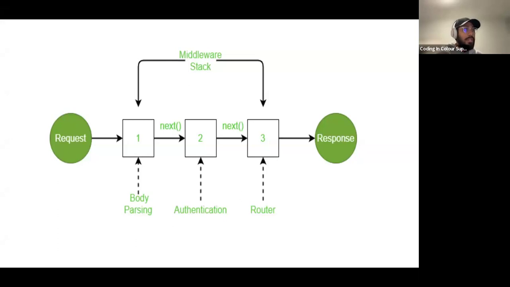Middleware stack locally on our computer? It doesn't really, so this is more like a visualization. It's not really a stack locally. It's more like you creating sort of functions that modify the data that you're getting from the server.